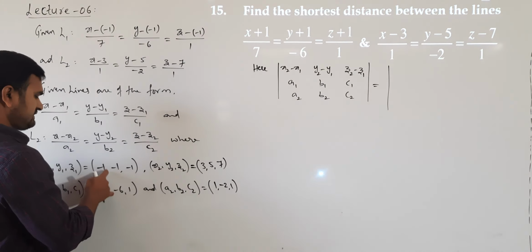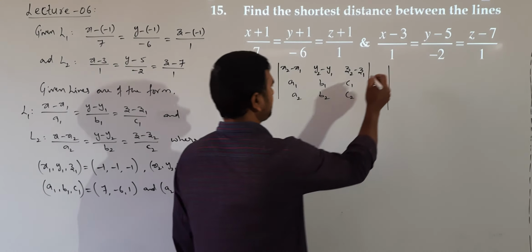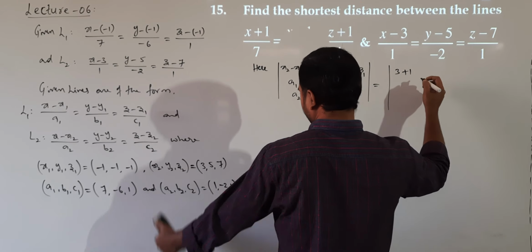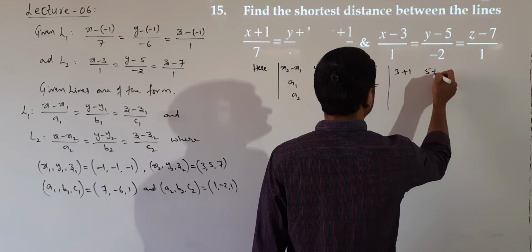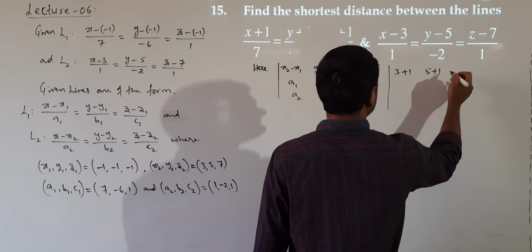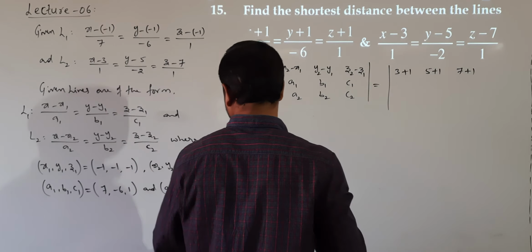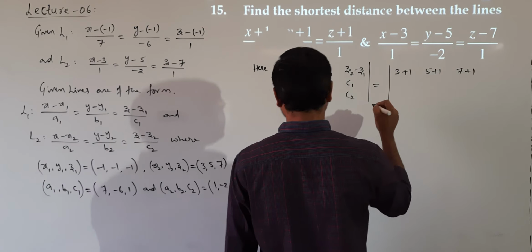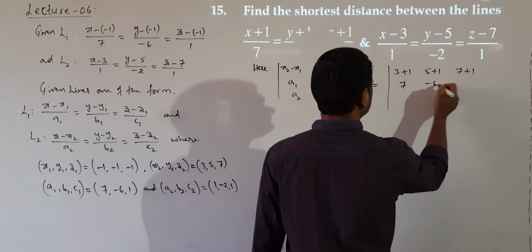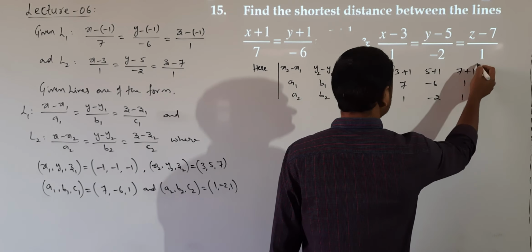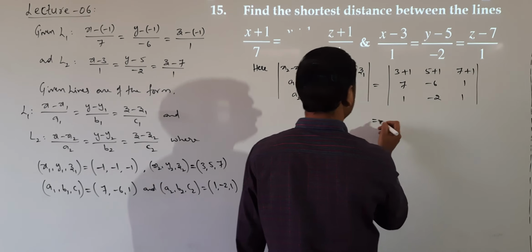What is x2 minus x1? 3 minus minus 1, it will be 3 plus 1. 5 minus minus 1, 5 plus 1. 7 minus minus 1, 7 plus 1. Next a1, b1, c1, 7, minus 6, 1. a2, b2, c2, 1, minus 2, 1.